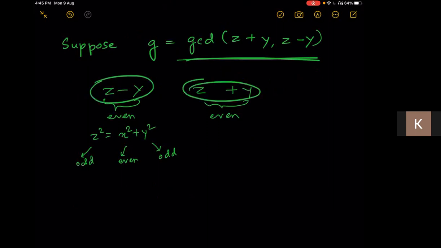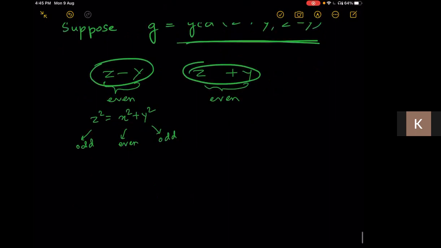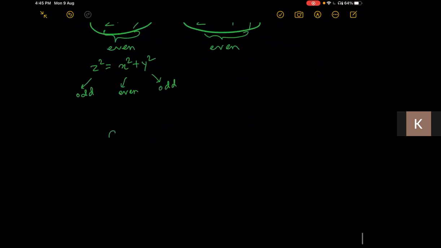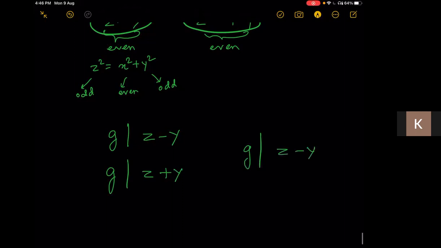Okay. Now see, G divides z minus y. G divides z plus y. So G divides z minus y plus z plus y, so G divides 2z. Similarly, G divides 2y.